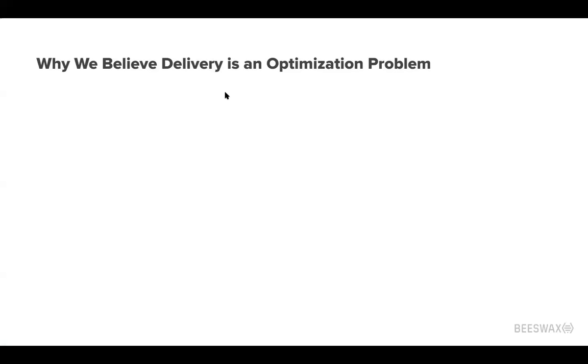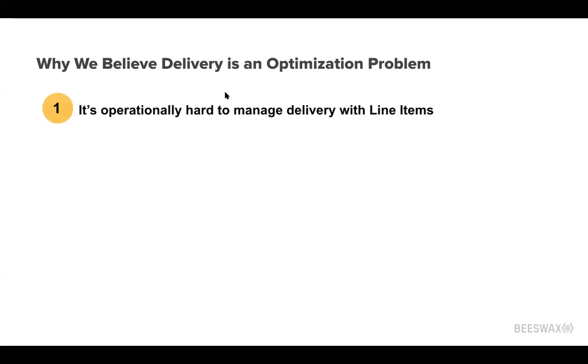And so one more conceptual thing before I get into the use cases and how we solve it. This is a fundamental thing, which is that we think delivery is an optimization problem, not a manual operational problem. And the reason for that is twofold. One is, as we all know, it's operationally hard to manage your budget delivery with line items.